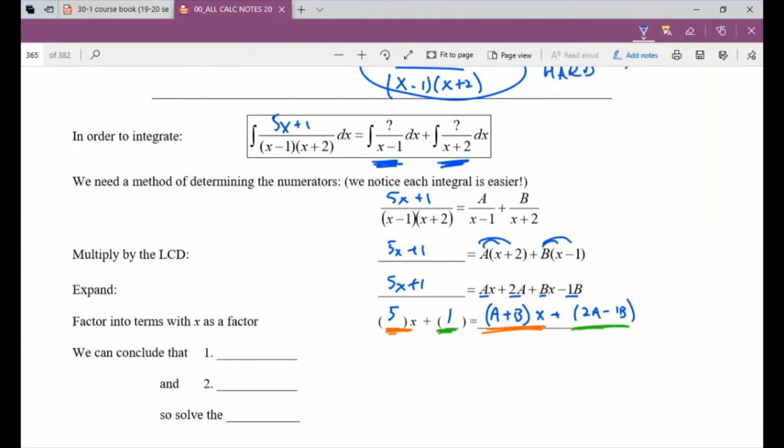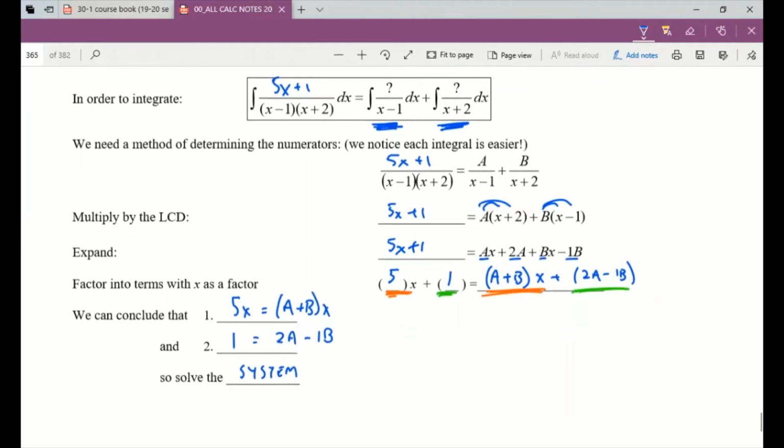So therefore, 5x is equal to a plus b times x, and our constant 1 is equal to 2a minus 1b. So we need to solve our system of equations.